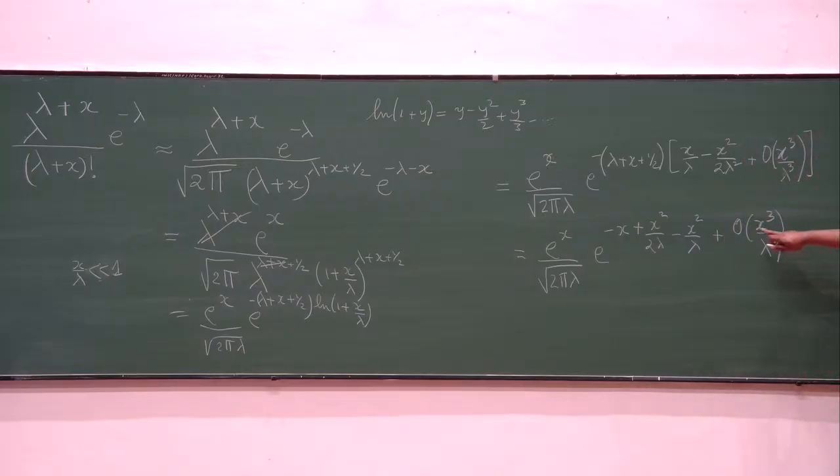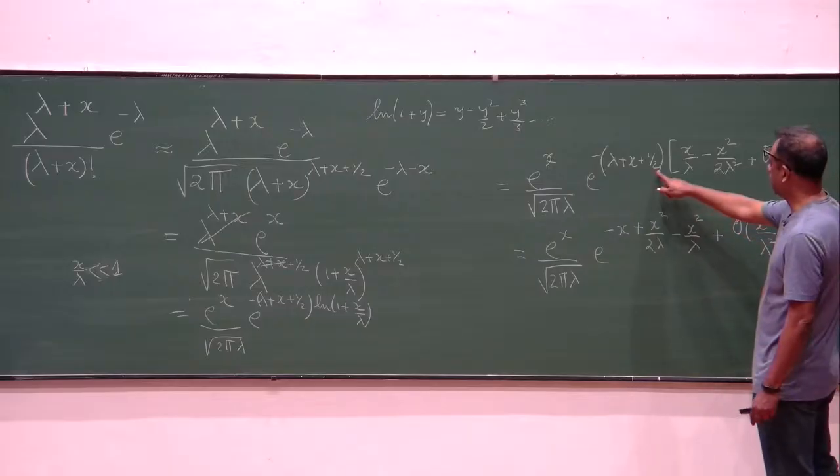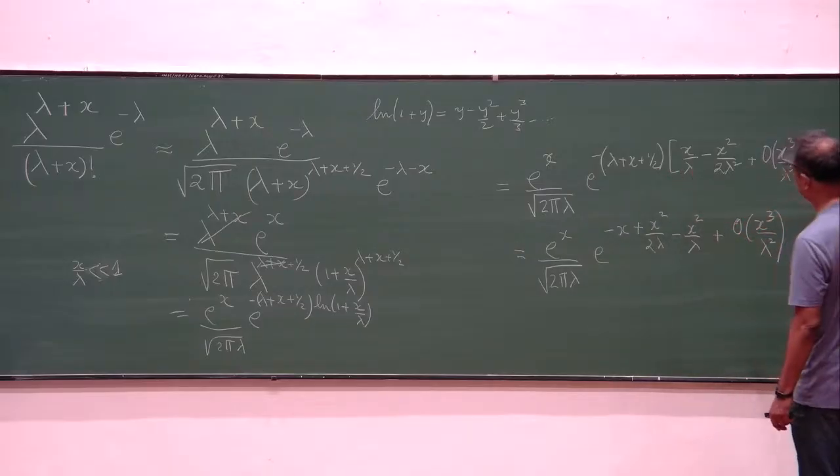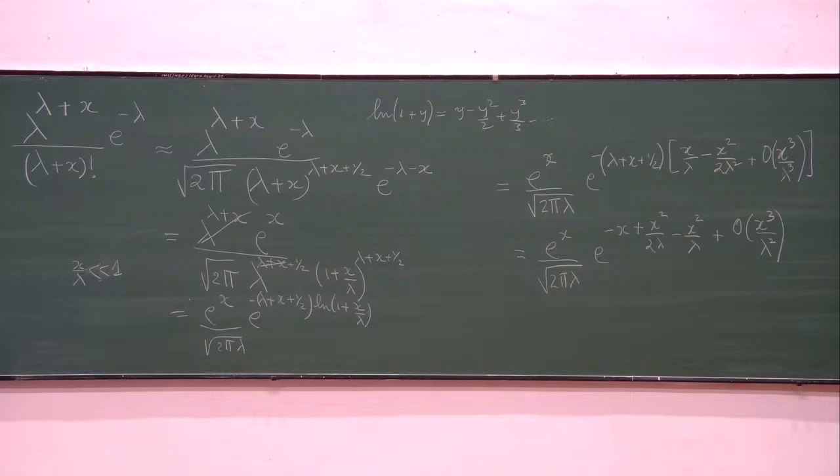This is small compared to this one. Okay. There is another term, half x by lambda. What is that? That also has gone to 0.